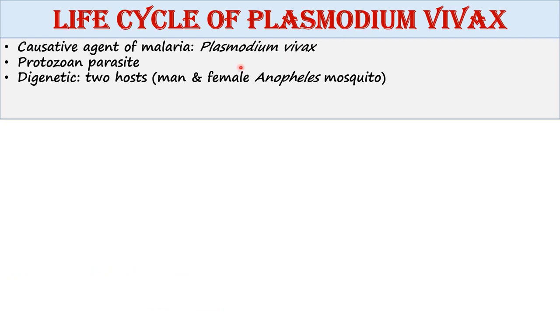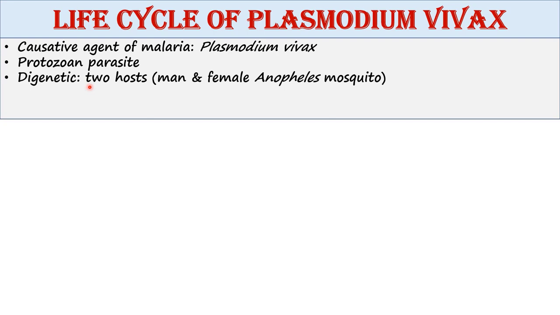So Plasmodium vivax is a single-celled parasite. It is a protozoa and causes malaria. It requires two hosts to complete its life cycle. As it requires two hosts, it is called digenetic.